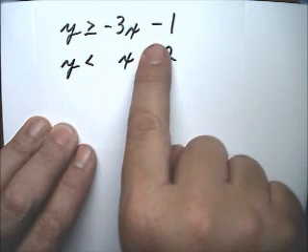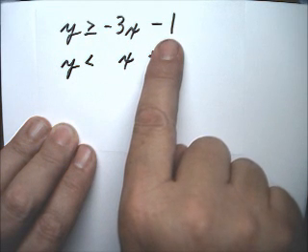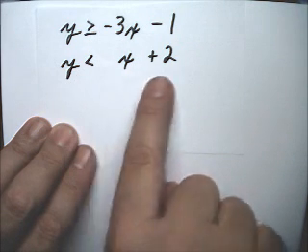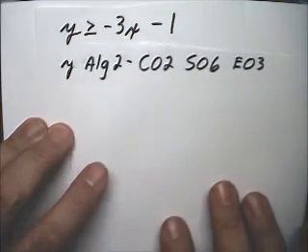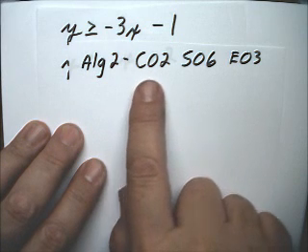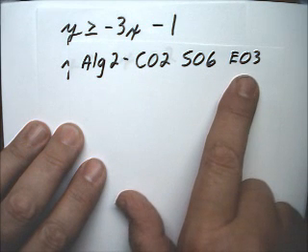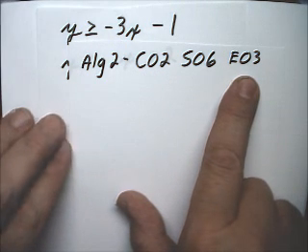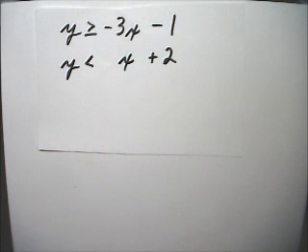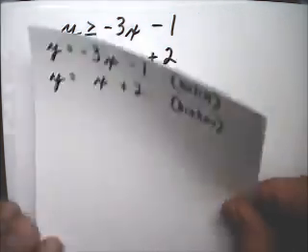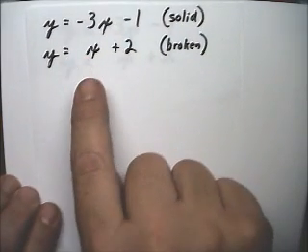So the graph of this one is a half plane and the boundary is a line. This one's a half plane, and like I said, we did some of these in chapter 2 section 6, example 3 is a good example. So anyway, these are the boundary lines.